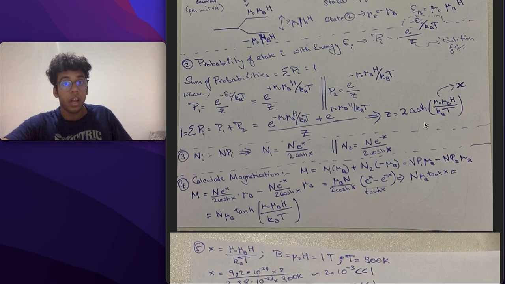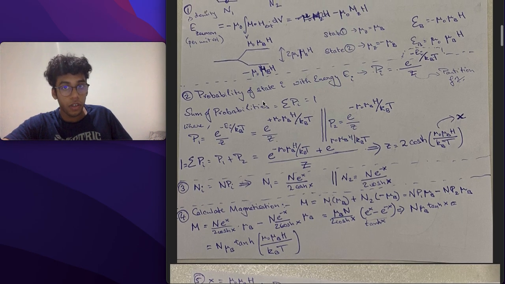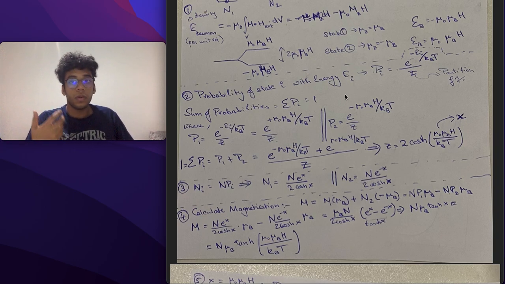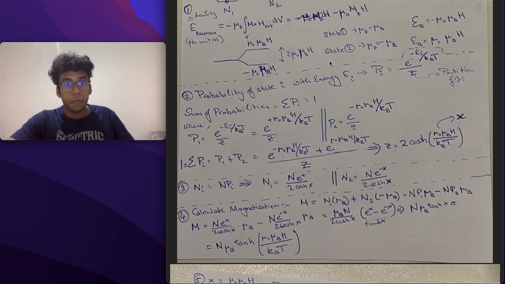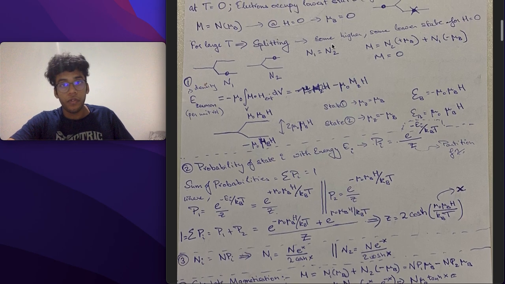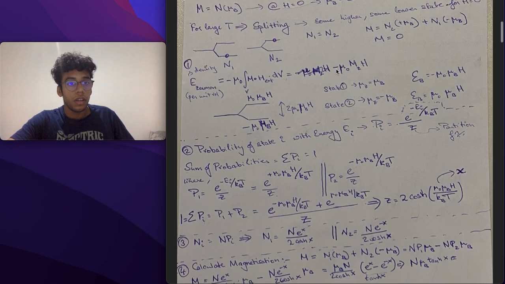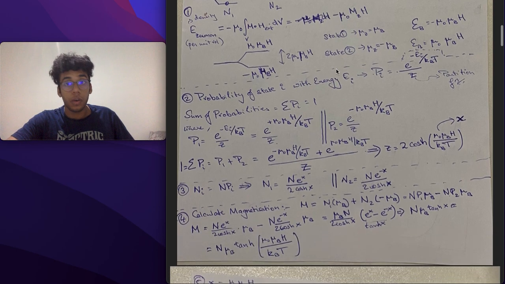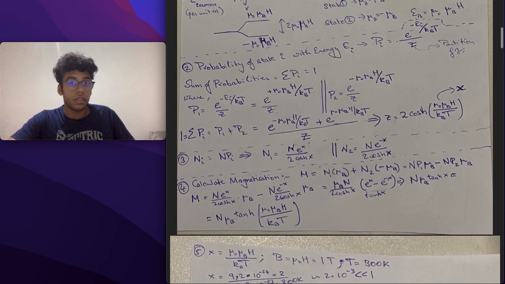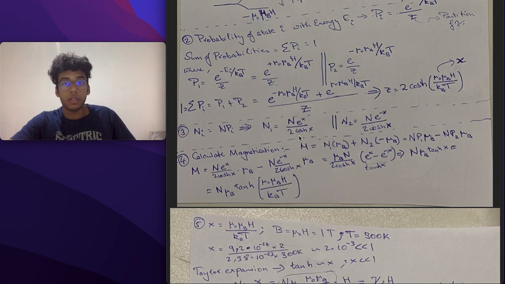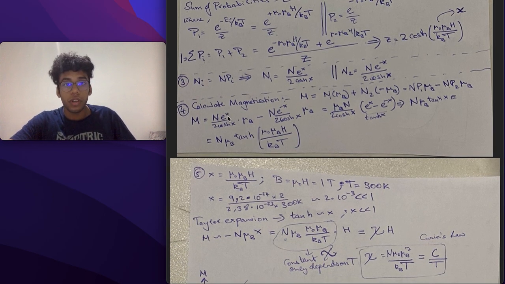Note that after you start talking about the probability of a state with energy E_i, you are introducing an external field H. In the previous case, we found that N1 is equal to N2, that is, there is no external magnetic field. Now we are applying an external magnetic field, and we are seeing what happens to the electron or the atom. So let's calculate magnetization.